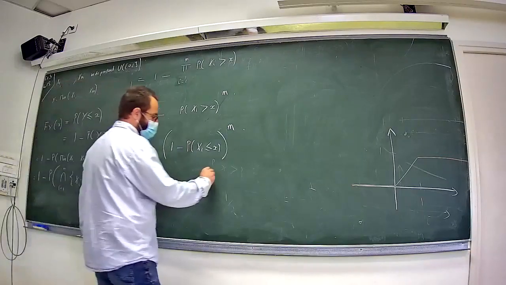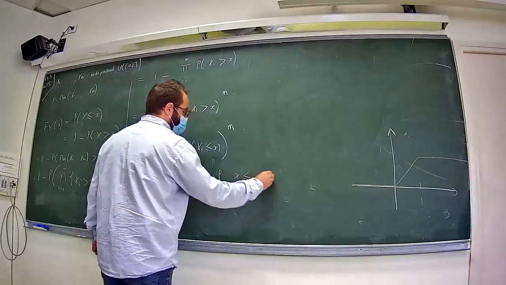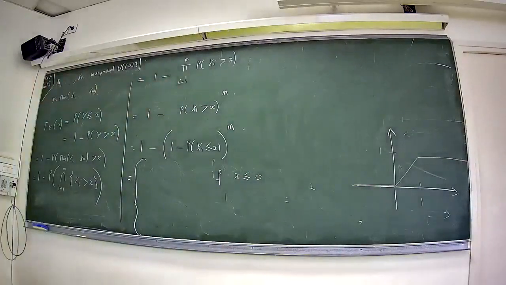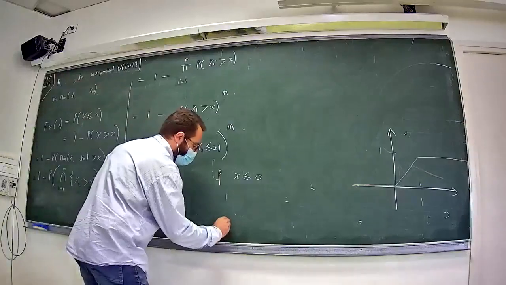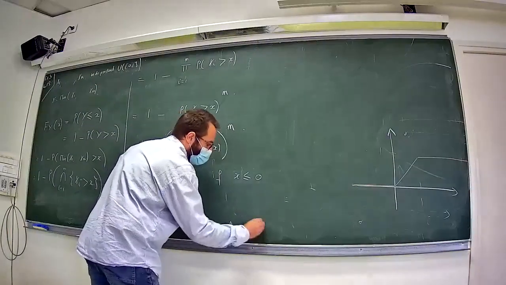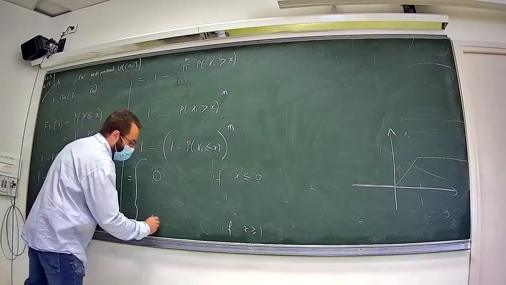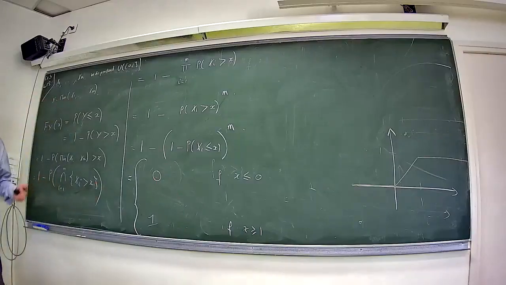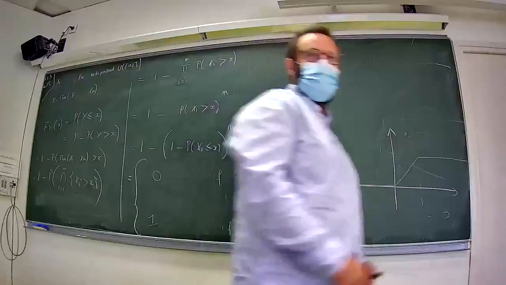So if x is less than 0, this one is 0, so I have 1 minus 1, that is 0. If x is greater than 1, I have here 1, so 1 minus 1 to the n, so 1 minus 0 gives 1. Keep in mind that at the end I have to obtain a distribution function, with limit 0 at minus infinity, limit 1 at plus infinity, and so on.